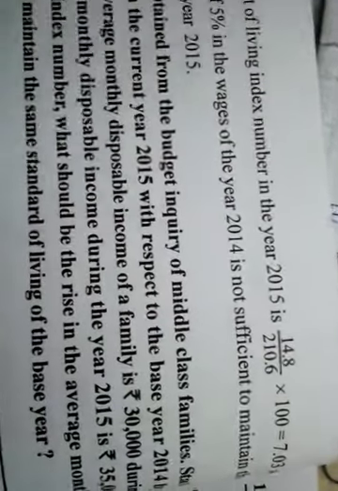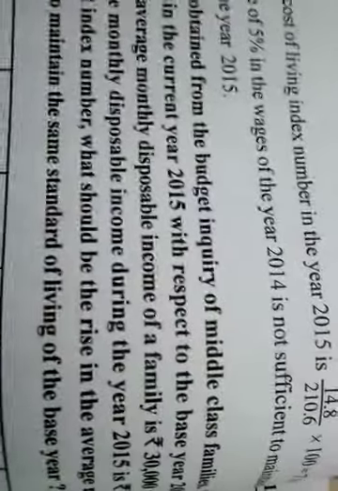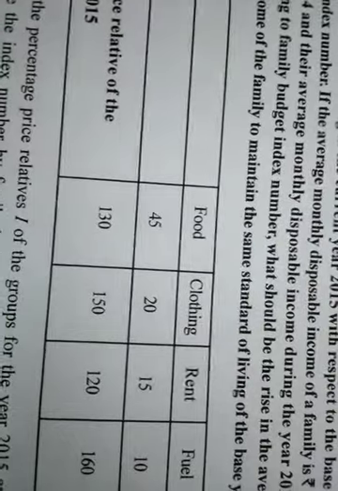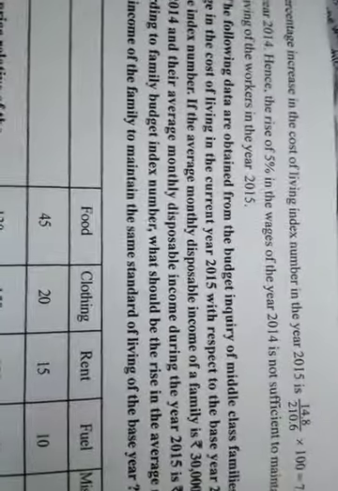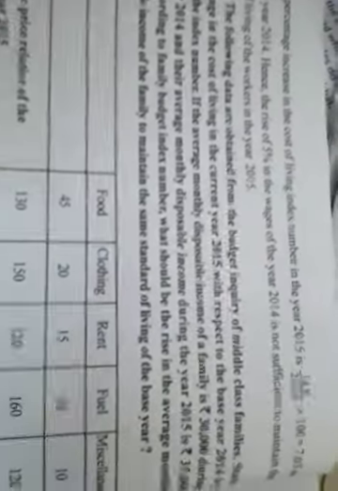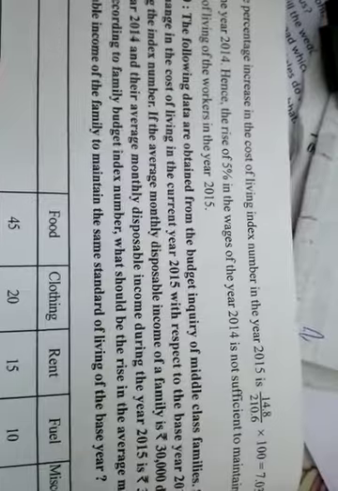So when we compare the difference in the cost of living index number, we get 14.8, which in terms of percentage comes to 7.03 as compared to the year 2014. Hence the rise of 5% in the wages of 2014 is not sufficient to maintain the same standard of living of the workers in the year 2015.